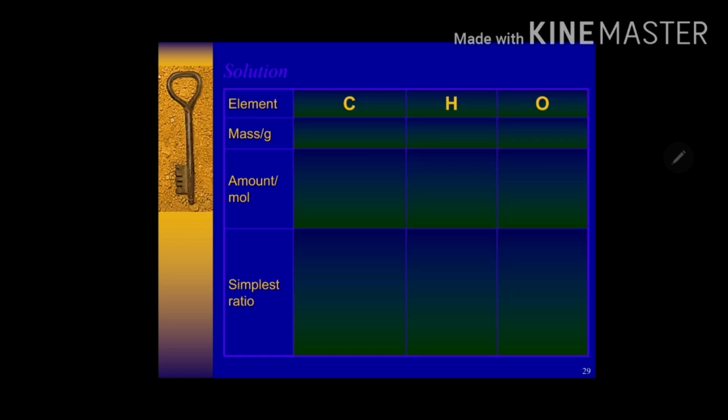So, students, we use the same method as you used back in school, which is to draw a table. Construct a table. So we have 3 elements: carbon, hydrogen, and oxygen. First write the mass.